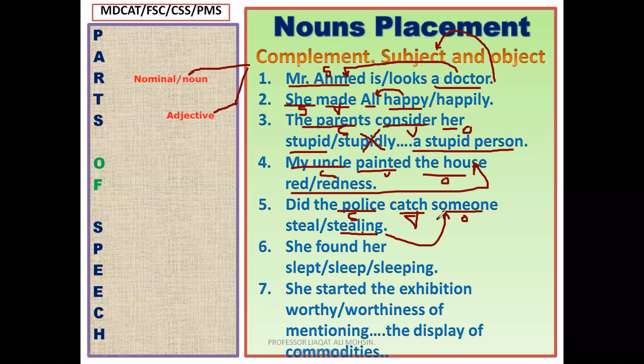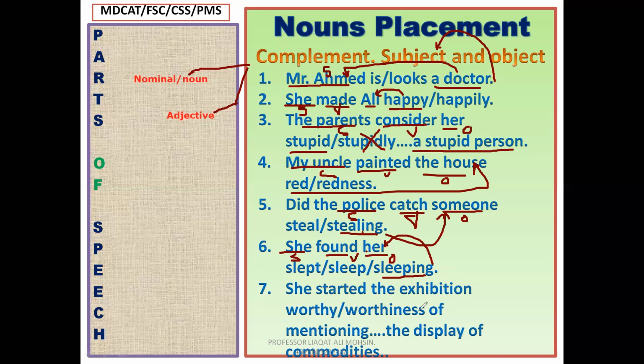This is adjective complement. She found her sleeping. Found. Who found? She. Who is the receiver of finding? Her. And sleeping is adding up to her. This is adjective complement.